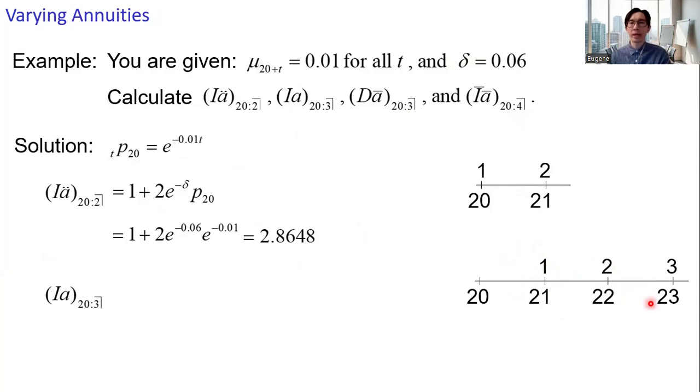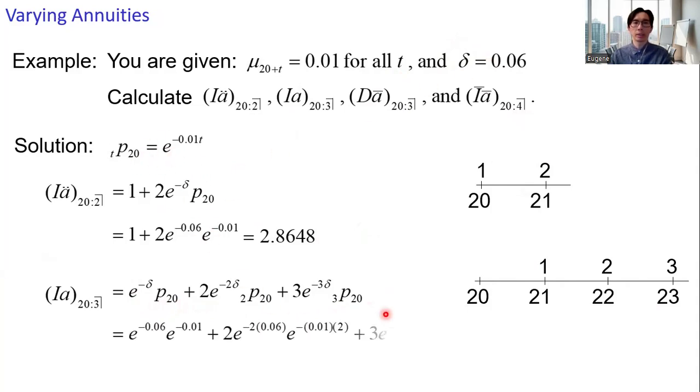Getting the actuarial present value of this annuity, we have the first term, a payment of 1, times the present value factor, e to the power minus delta, times p20. And similarly for the second payment and the third payment. Doing the substitution for delta and tP20, upon calculation, we get the answer.